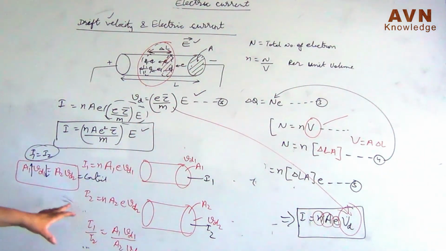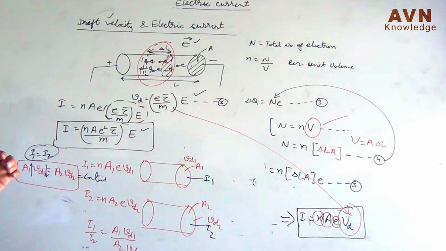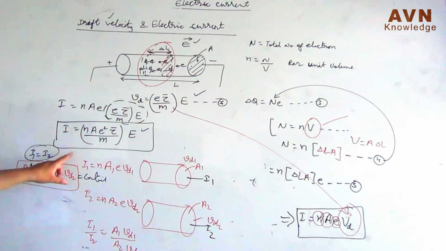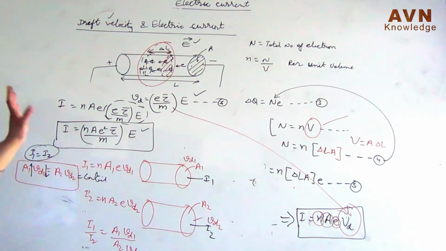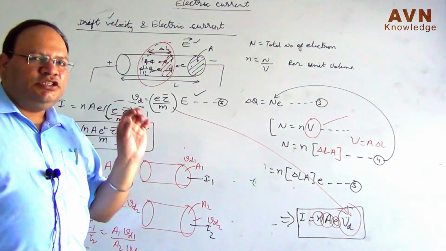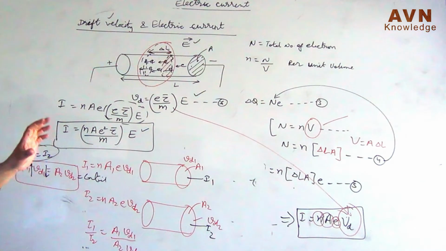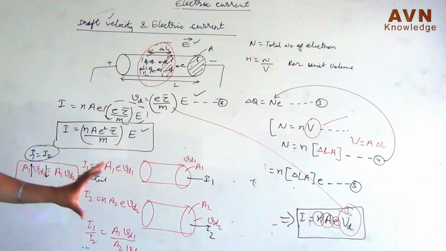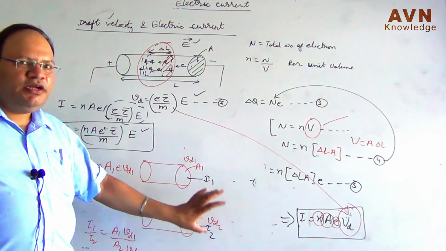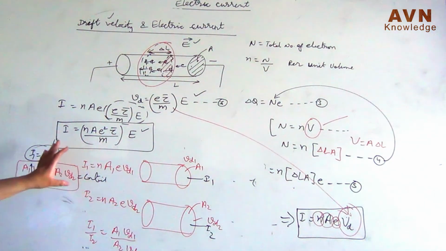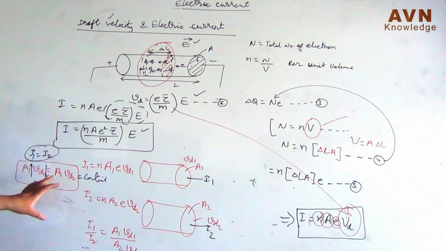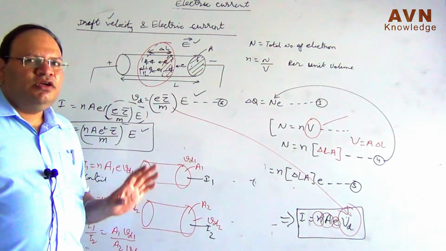When current is constant, in a small cross section area the drift velocity increases, and when you increase the cross section area, drift velocity will be decreased. So at a constant current, the flow of electrons in this cross section area will be constant.